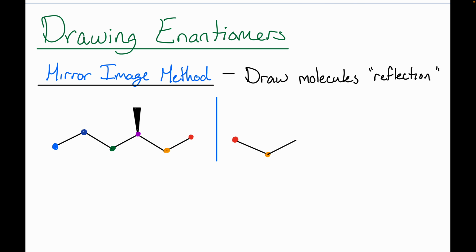Now I'll have my other carbon, and this one has that wedged methyl group. Then we have our green carbon, our dark blue, and our light blue.